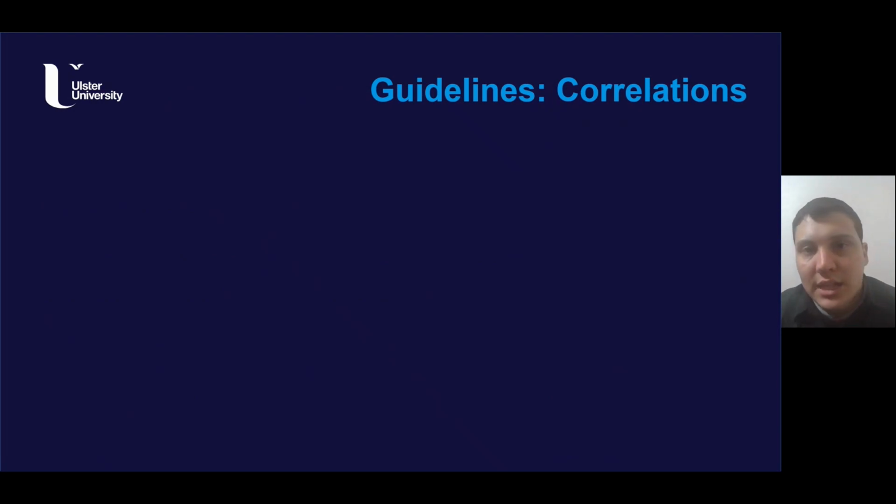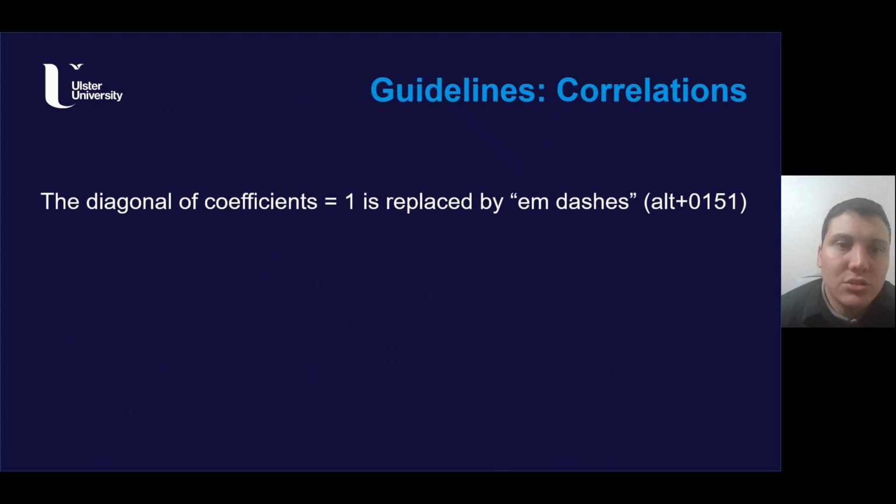Okay, now let's see some specific guidelines for some types of tables that we are going to be using in this module. So correlations, we are going to be using matrices of correlations, aren't we? So some important information about them in APA style. We have a diagonal of perfect correlation coefficients, don't we? We have a diagonal of correlation coefficients which are equal to 1 because it's the same variables being correlated to itself.